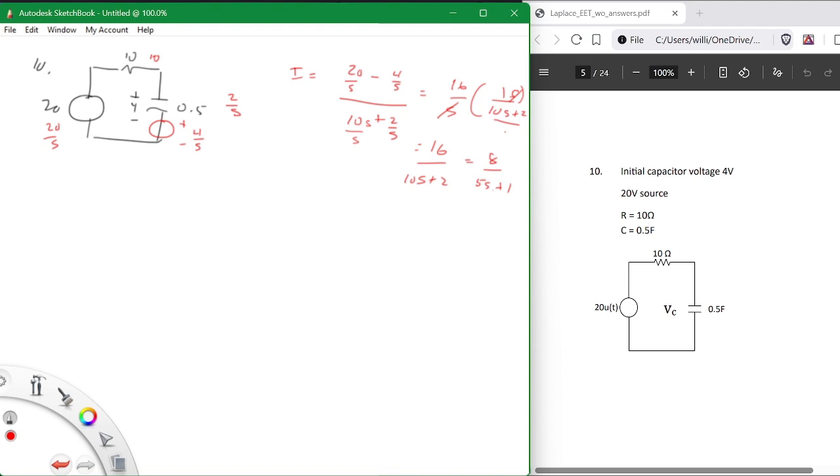So you have to basically say S plus 1 over 5. You have to extract the 5 times S plus. Okay, so that's what you do there.